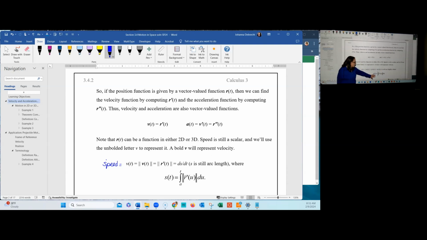And again, remember that the arc length parameterization is the integral, using the fundamental theorem of calculus, from some finite value a to some unknown variable t, of the magnitude of r prime of t, or r prime of u du, where u is a dummy variable.